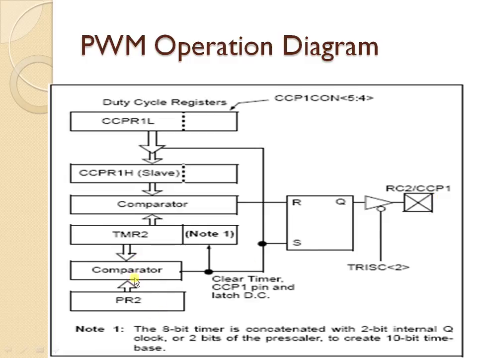Okay, if these two registers are identical, that is timer 2 and PR2, then the output of this CCP1 would be logic high. It will reset on the identical value of CCPR and timer 2, and it will set on the identical value of timer 2 and the PR2 register. Okay, thank you.